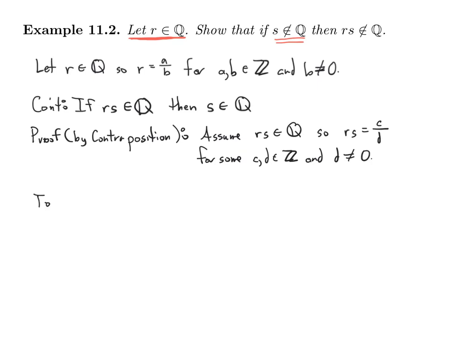We need to show that s is some integer over some non-zero integer. Again, this is informal notation, but it's a good training wheel to have when you're first learning how to do proofs. Okay. So let's consider r times s, and we know that equals c over d.